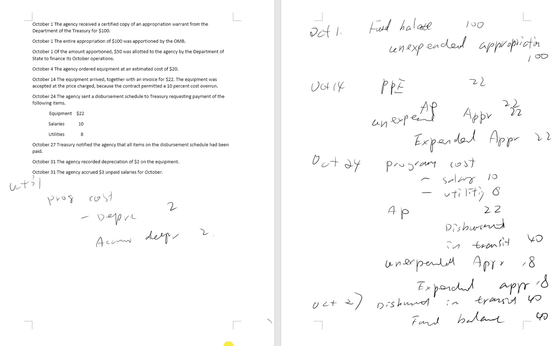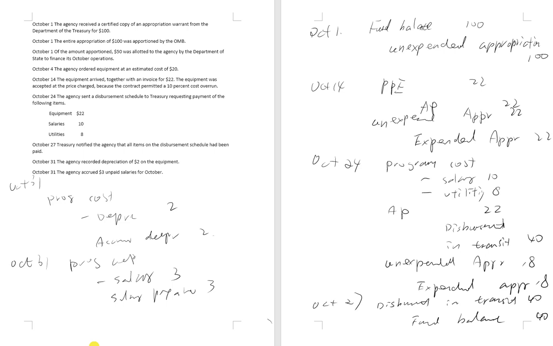We're going to also record that in the proprietary work, right? Because this is accrual accounting. So we're going to increase our program cost, salary again, $3. And create a payable, salary payable, $3. At the same time, we have to reduce our appropriation.